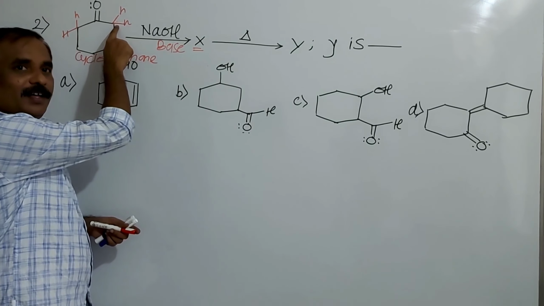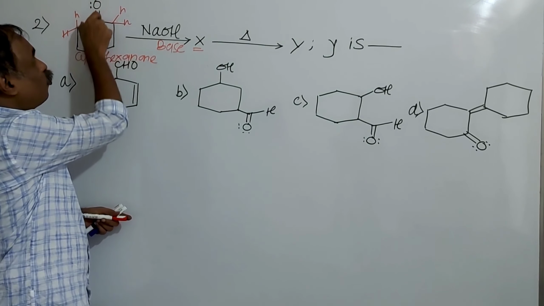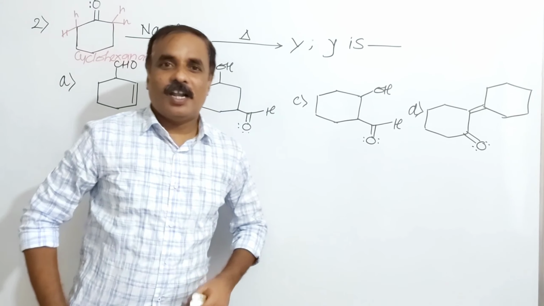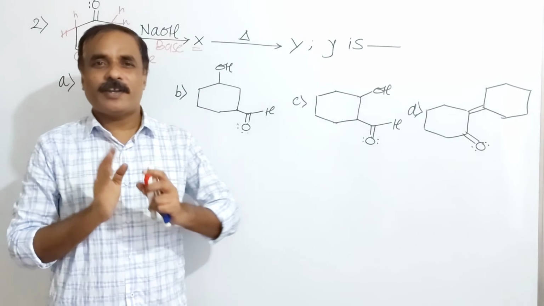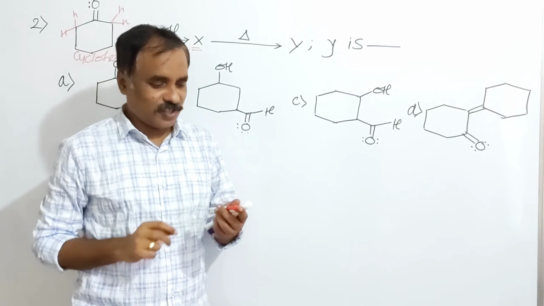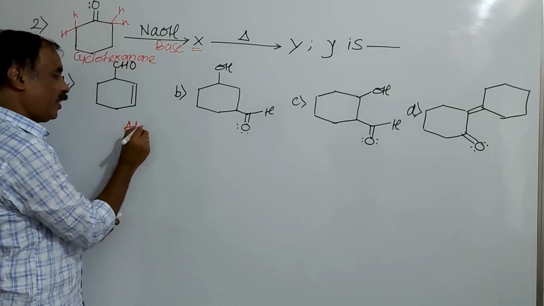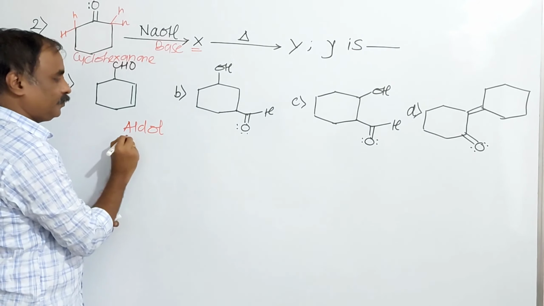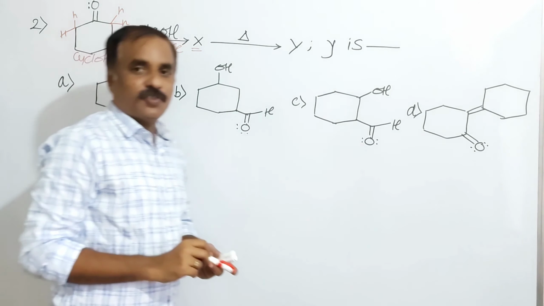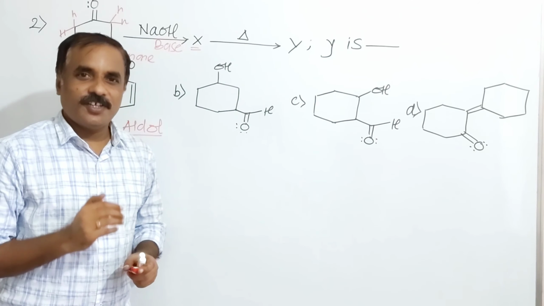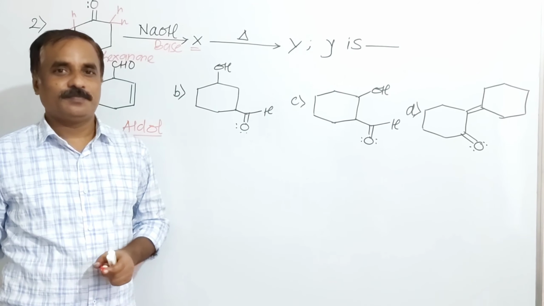This carbon is alpha because next to the carbonyl group there is a carbon. This is an example of aldol condensation, an aldol type reaction. Actually, since this is cyclohexanone, a cyclic ketone, this reaction is said to be ketol condensation.